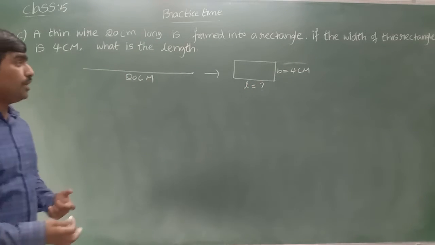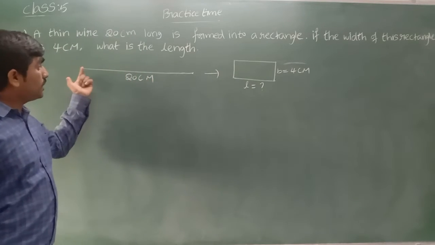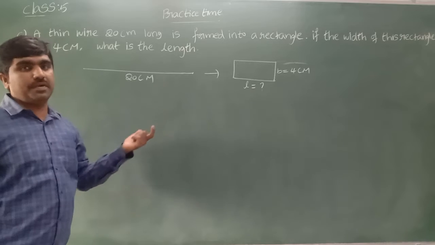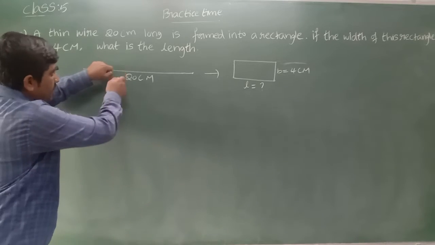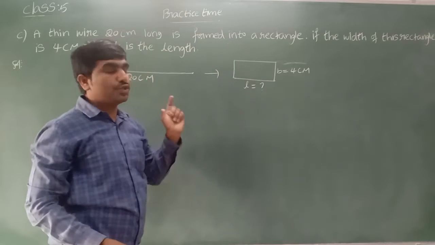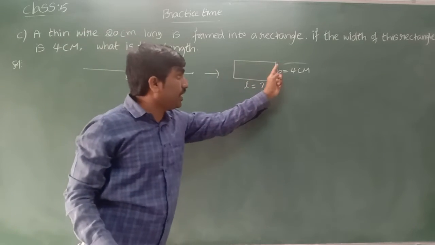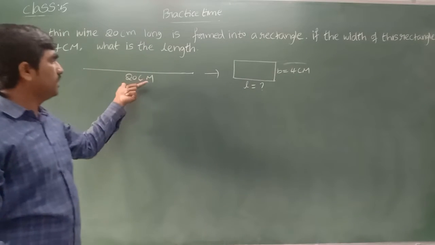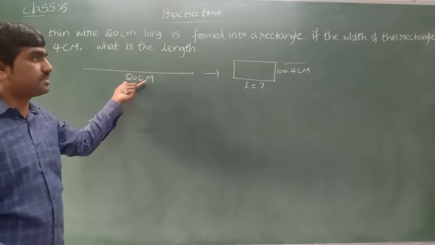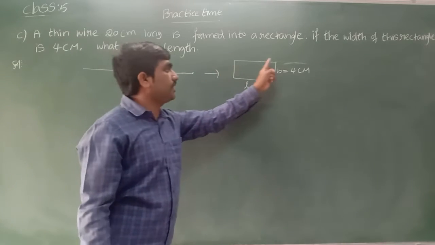Now can you tell me what is the relation between these two? The total length of the wire is 20 centimeters. They bend this wire to make the shape of a rectangle.